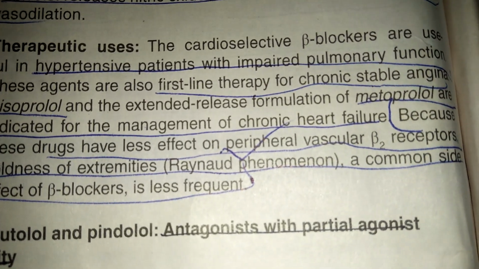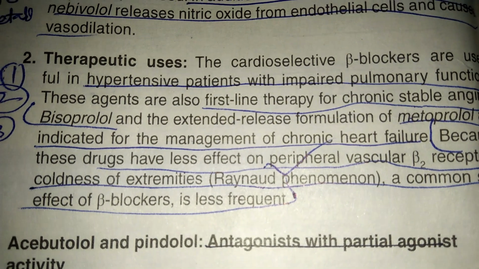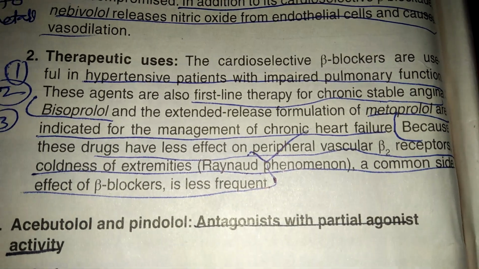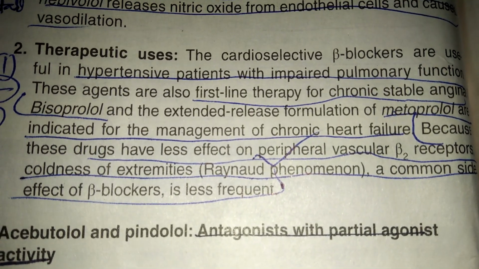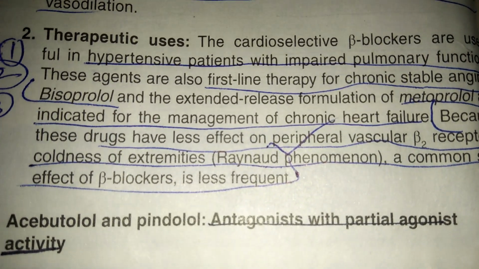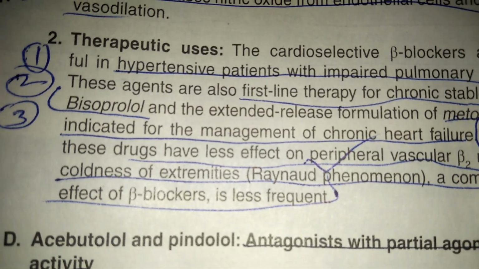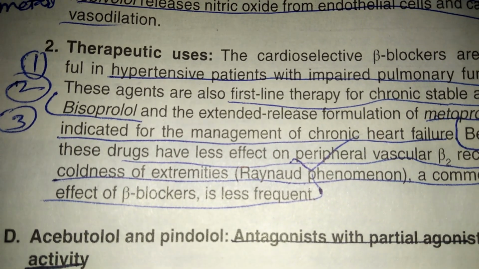So they're less likely to cause coldness of extremities. That is a common side effect of beta blocking agents. So this side effect is less frequent with beta 1 selective drugs.